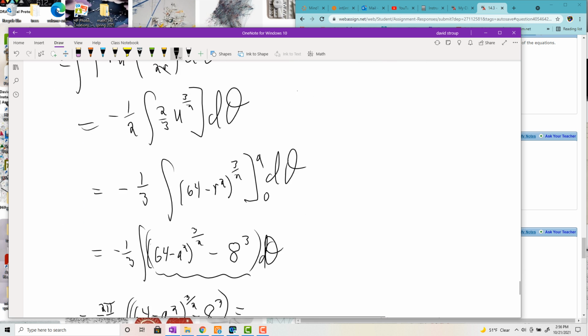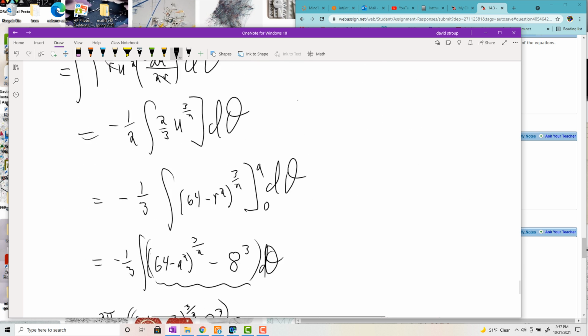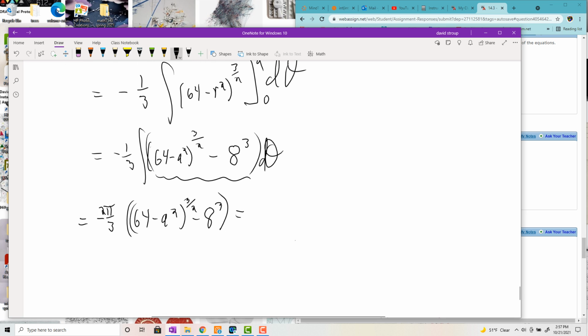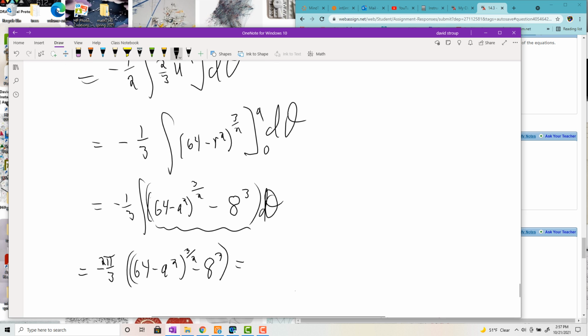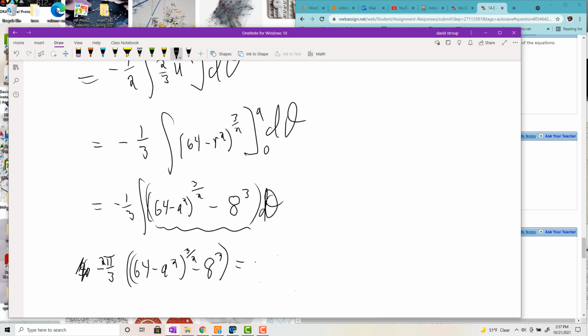Yeah, so you can kind of cheat your way to get the answer, because for 0 to 8, you put that integral into here, you replace a with 8. The other part of it, it says it's equal to 1/2 the volume of the hemisphere, so it's negative 2 pi over 3 times 1/2 is negative pi over 3, and then you're plugging 8 in for a, so it's going to end up being times 0 minus 8 cubed.